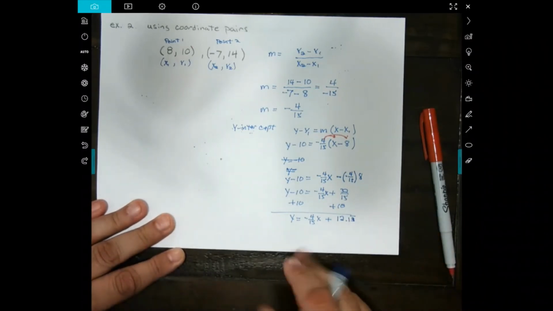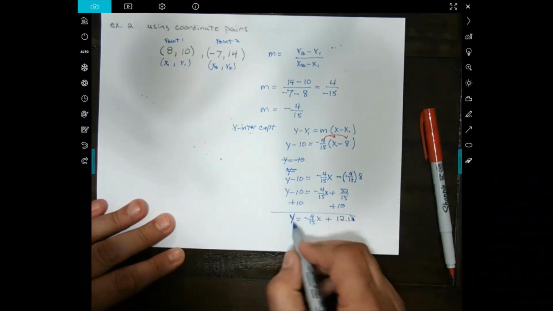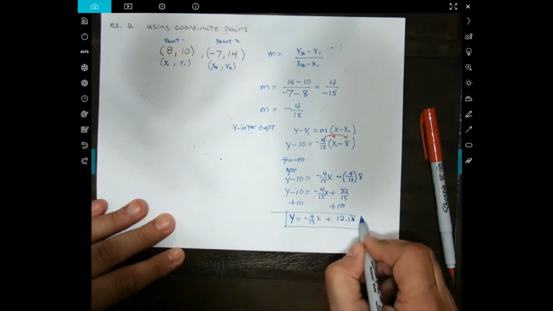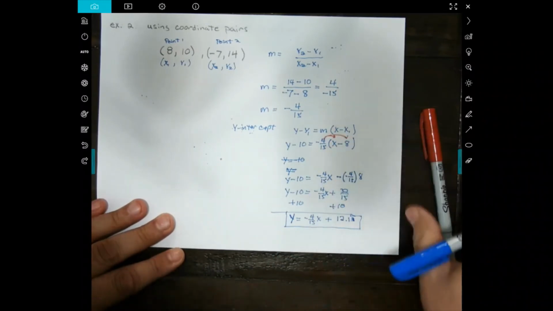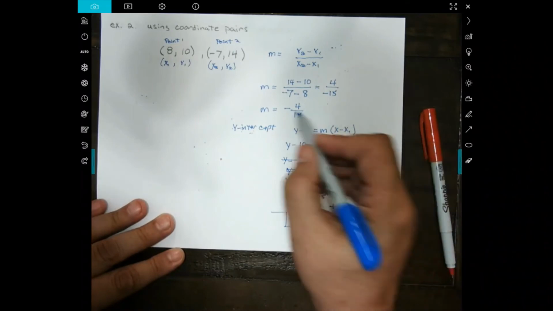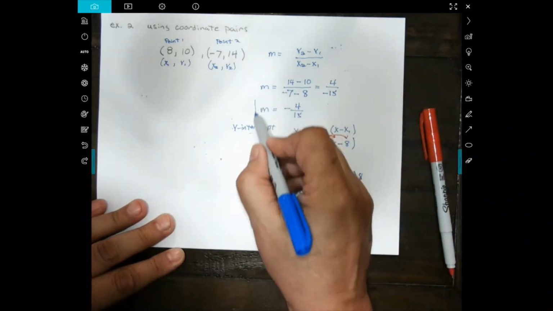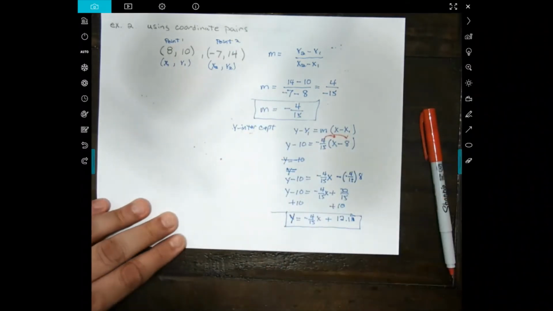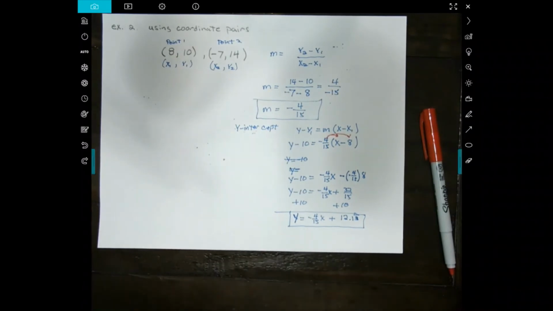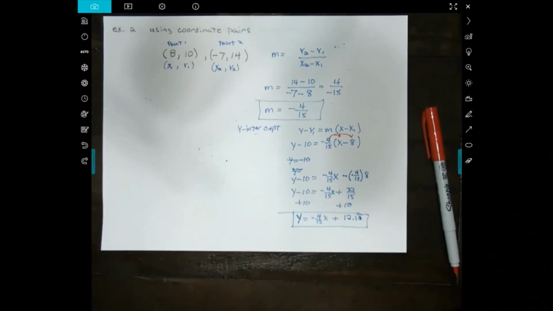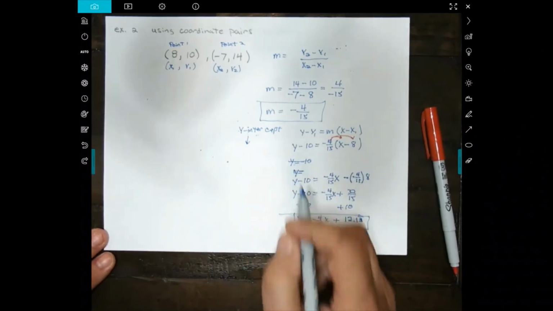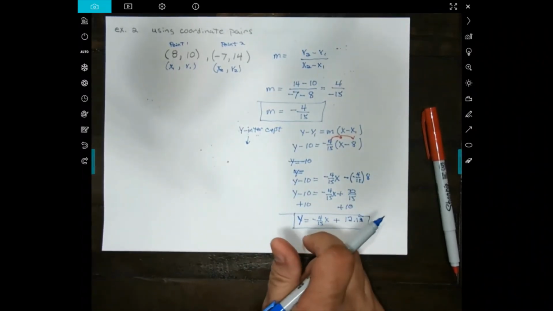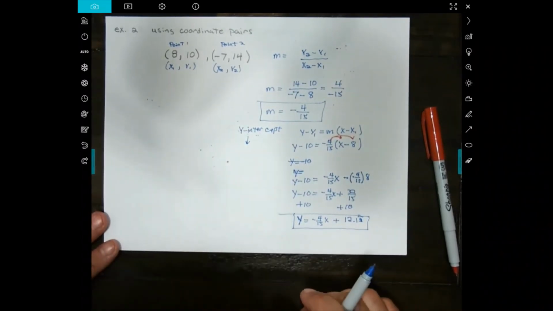And so here's my equation. Here's my equation in standard form. Here's my slope. And now I need to find my y-intercept. So my y-intercept here is where x equals 0.